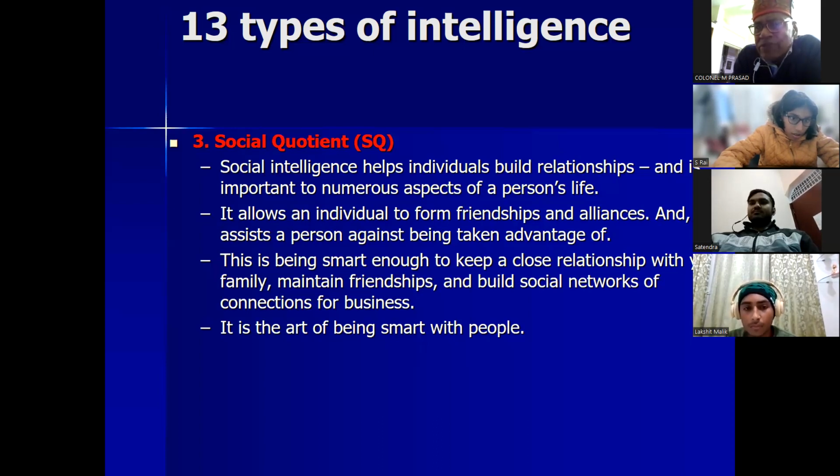So social intelligence helps individuals build relationships and is important in various fields. All aspects of life are about relatedness. The word is relatedness. If you want to perform in life, over and above your personality, you require three more things.